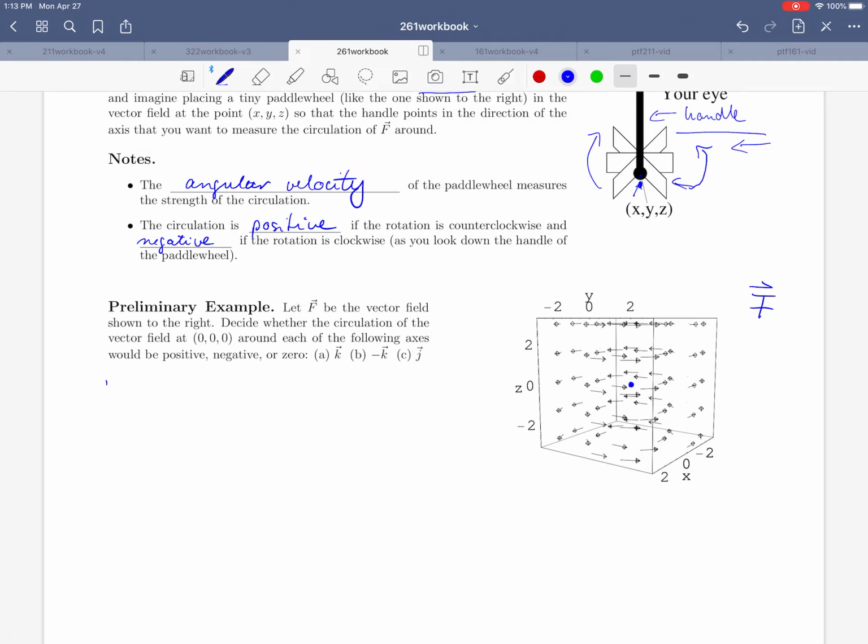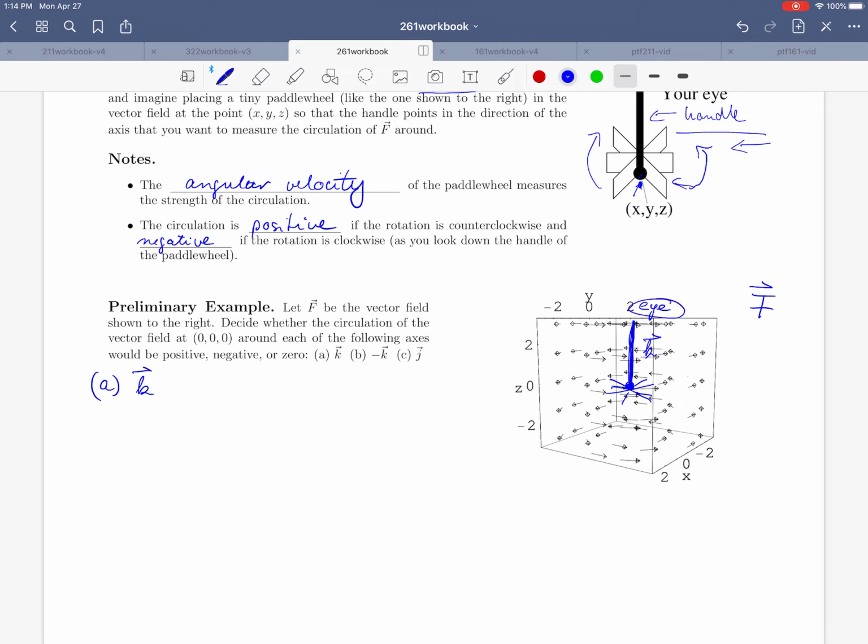And so at first in part A, we place the handle so that it's pointing in the same direction as the vector k. So K is the Z direction. So we are placing in our pedal wheel so that the bottom is right here at 0, 0, 0, and the handle is pointing up. And so the blades would be down here. So I'm attempting to draw in my blades. This is the vector K. So this is my pedal wheel. And up here is my eye. I'm looking down this axis.